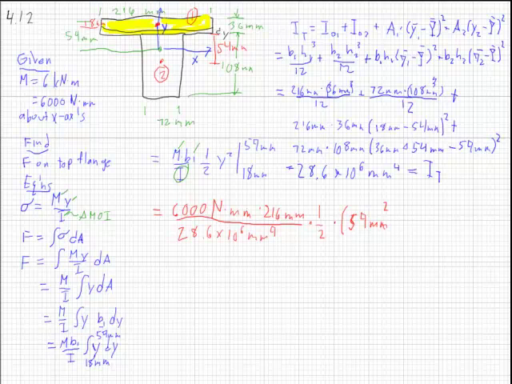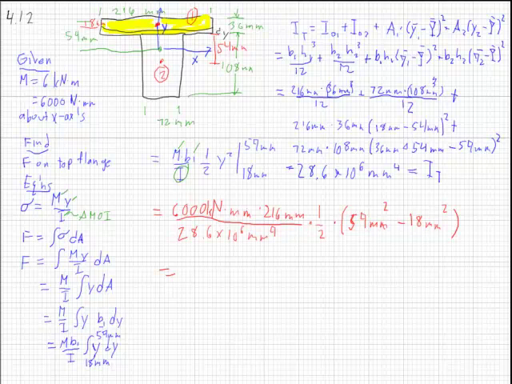minus 18 millimeters squared. And our units, I forgot the kilonewtons in here. Our units end up with kilonewtons times millimeters times millimeters times millimeters squared.